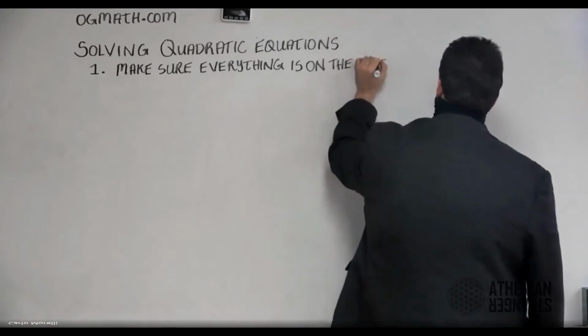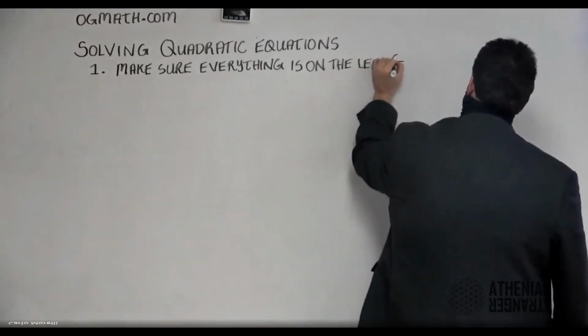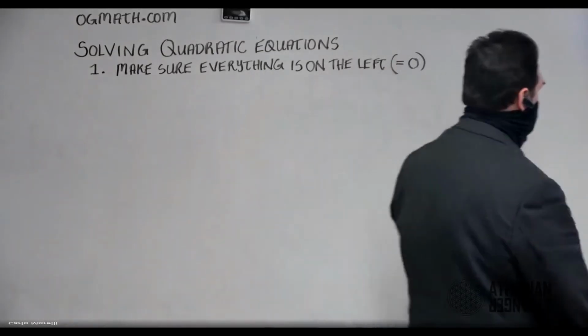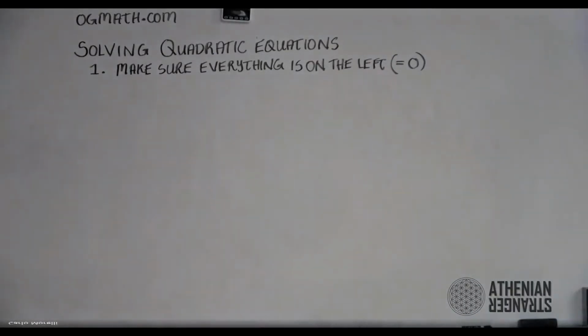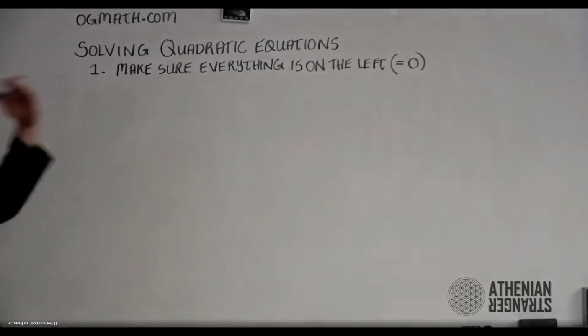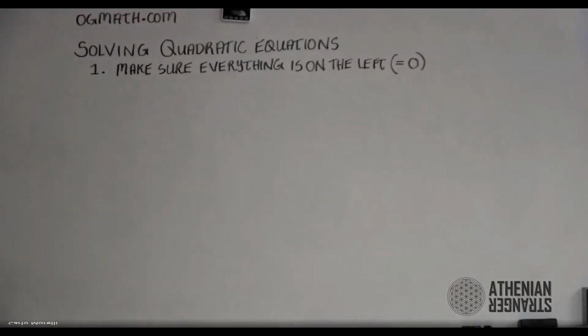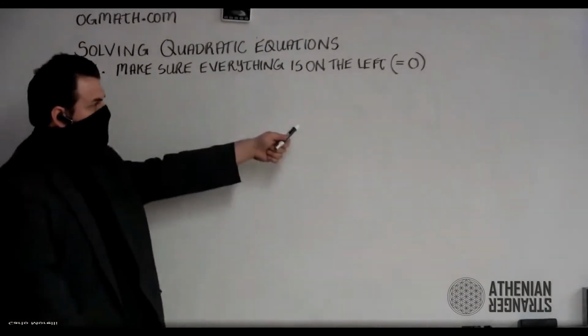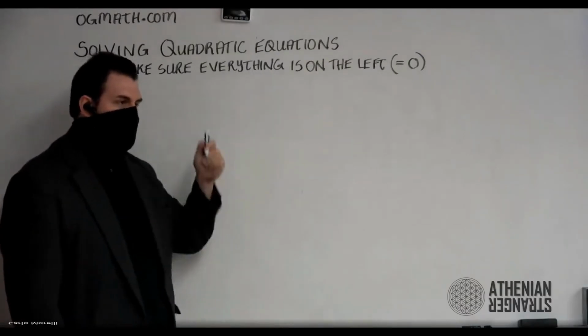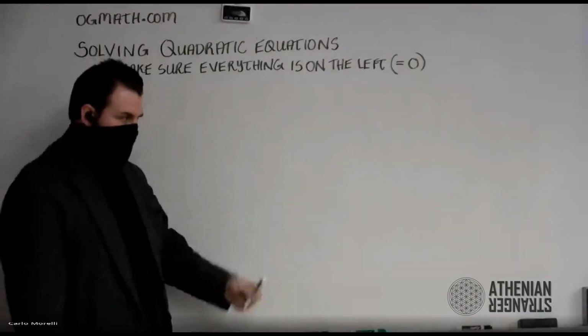By that, I mean that the right side should say equals 0. A lot of times with these problems, before you can start, you have to move some terms over to the left side so that the right side says equals 0. And by left and right side, I mean left and right of the equal sign.